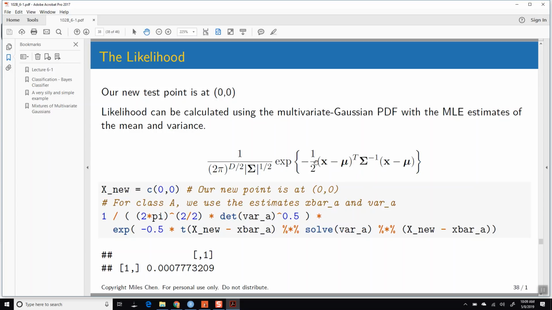Normally you have x minus mu squared over sigma, but to get that to work out matrix-wise, you have x minus mu transpose sigma inverse x minus mu. They're similar, and when you plug all of that in, you get 0.00777.